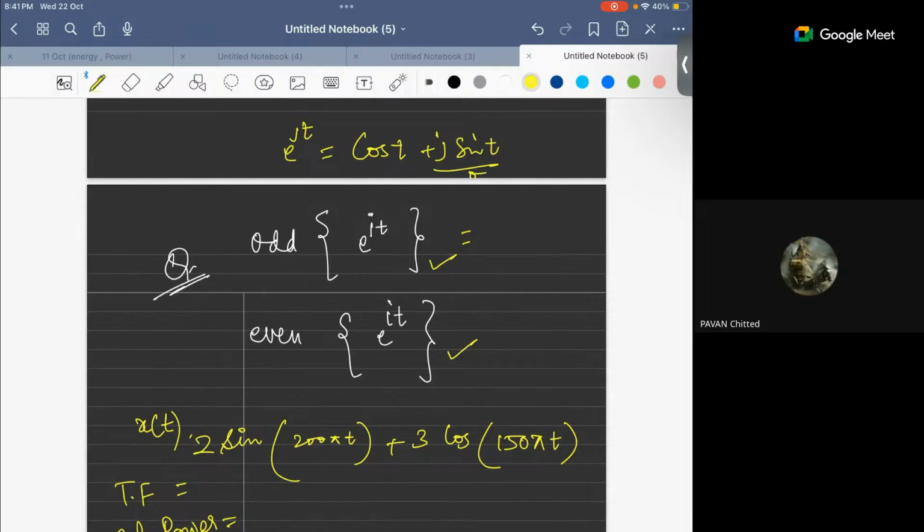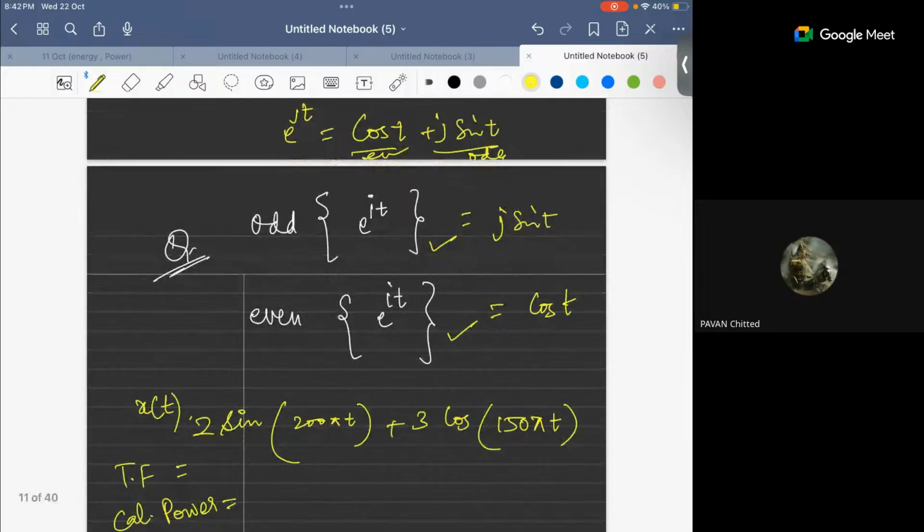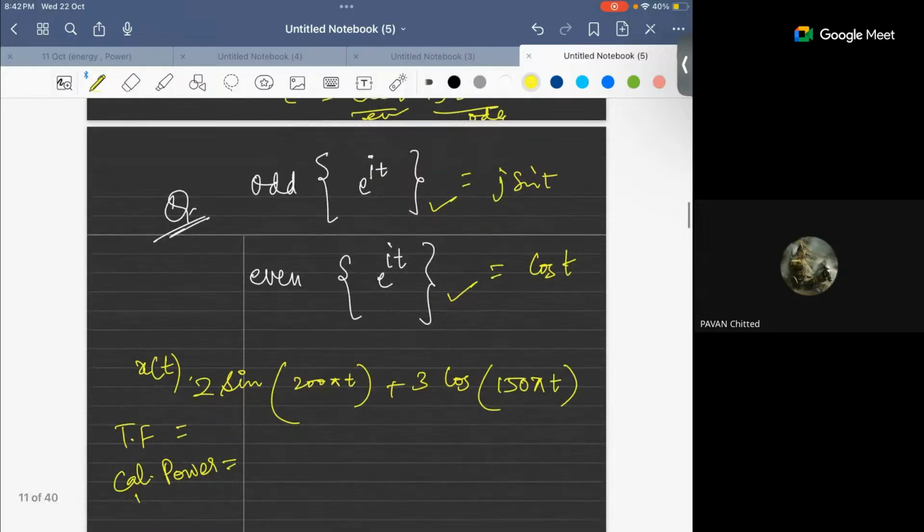So this is odd, right? This is even. So this is cos t, and then j times sin t is the odd part. Okay. Correct. So I hope this is done.